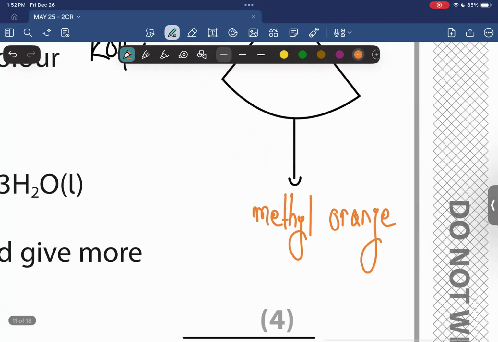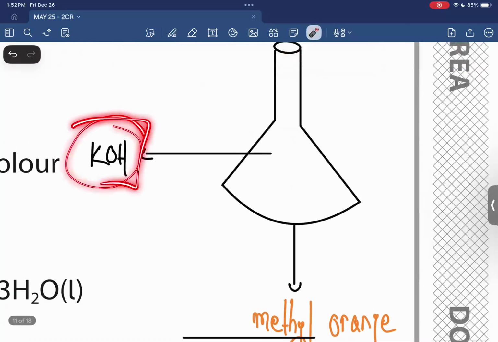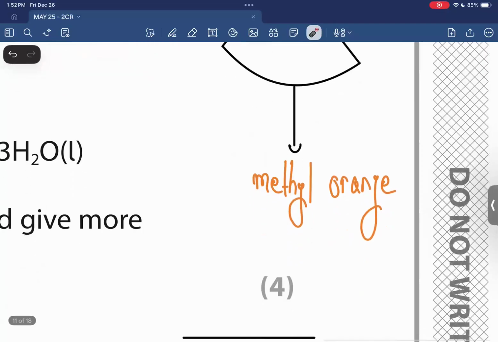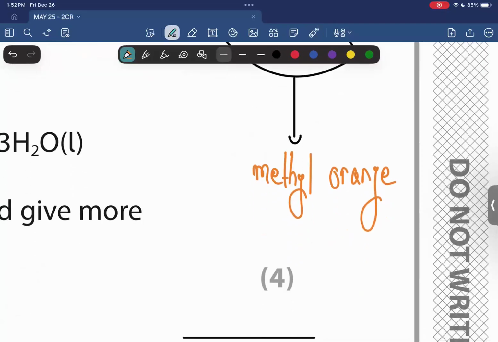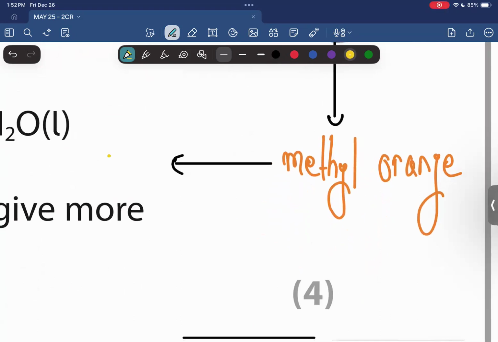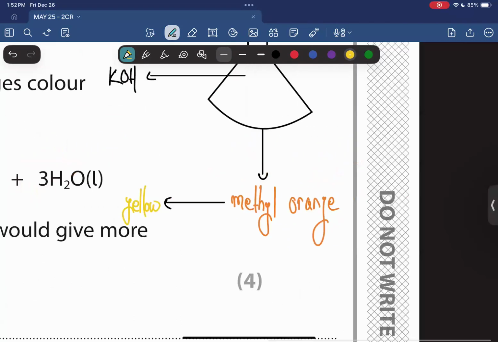The methyl orange is in this alkali, and the color of the methyl orange indicator in alkali is going to be yellow.